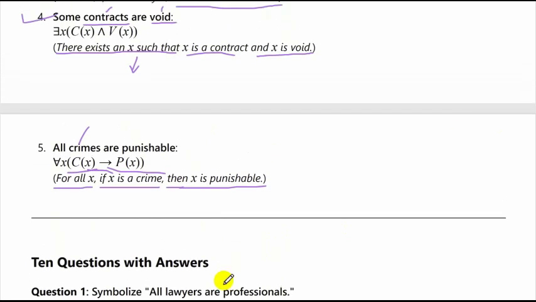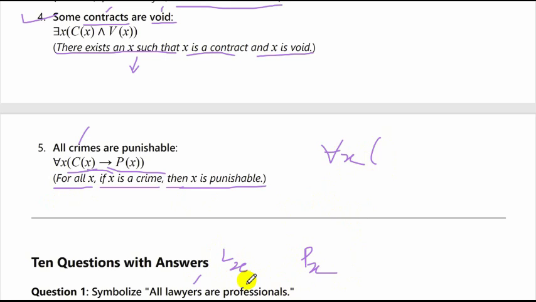Alright, let's try to solve these on our own. All lawyers are professionals. For all lawyers, we use this symbol. Then we write below that, for all x, such that, if x is a lawyer, we'll write it as Lx, for example, and for professionals we'll write Px.